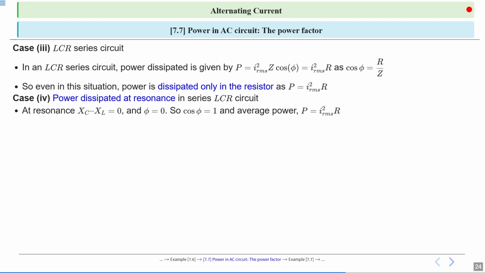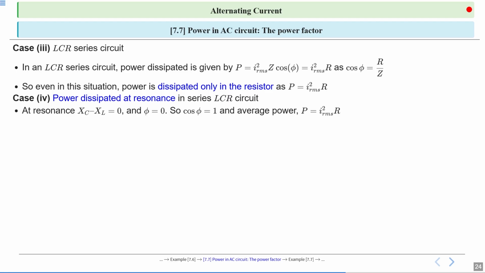In the case of resonance also, current becomes maximum. Impedance becomes minimum, that is equal to R. That's why power dissipation is maximum in the case of resonance, and the circuit will behave like a purely resistive circuit.